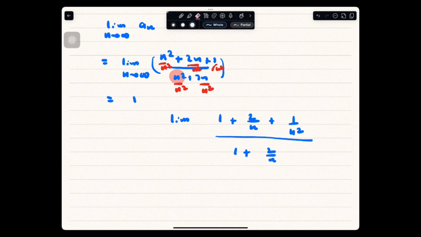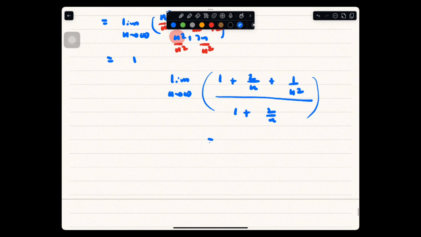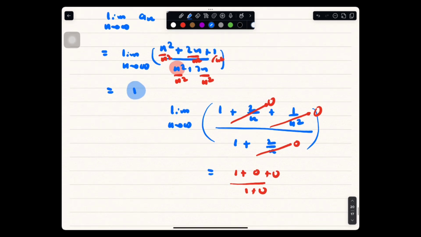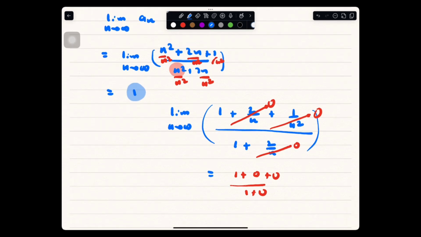So I can actually use calculus 1 or calculus 2. And this limit is going to be, because these terms go to what? 0, 0, 0. You got 1 over 1 plus 0 over 1 plus 0. Isn't that 1? Now, that limit is 1, ladies and gentlemen. Why is that so important?